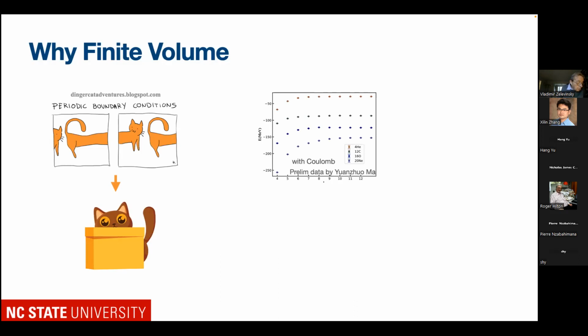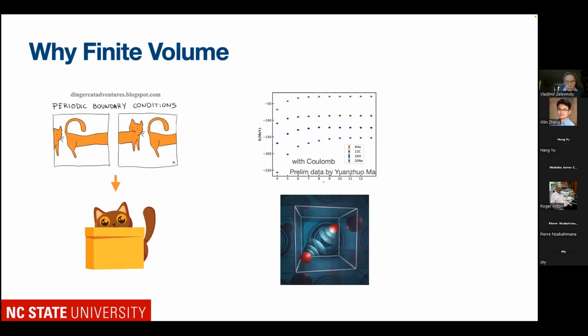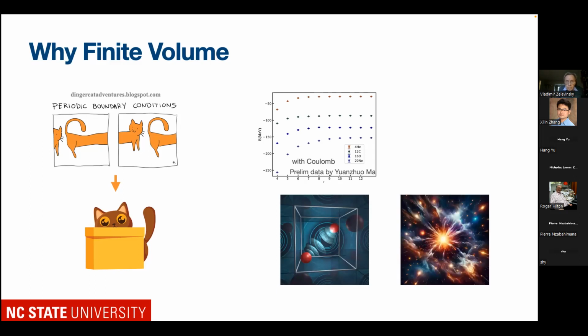So suppose my work is given a set of data varying with the lattice size, and I would like to use the finite volume method to extract information relevant to the infinite volume scale.